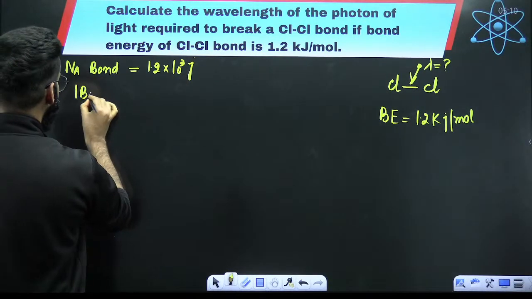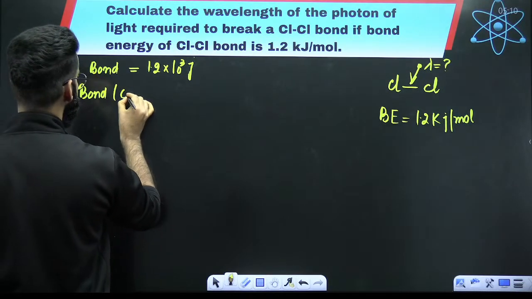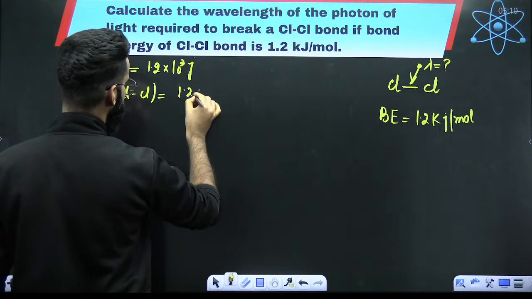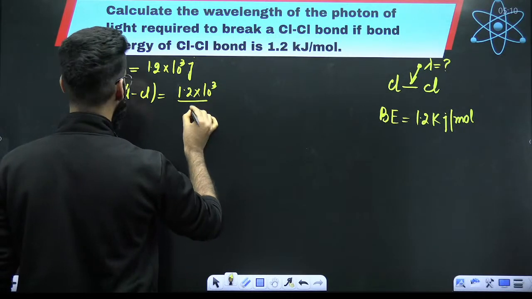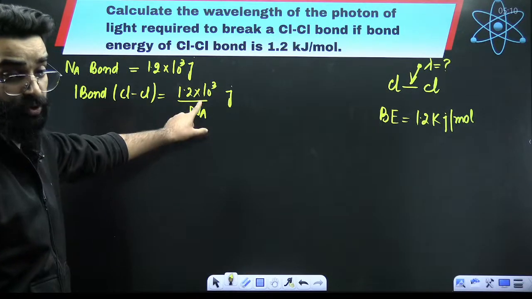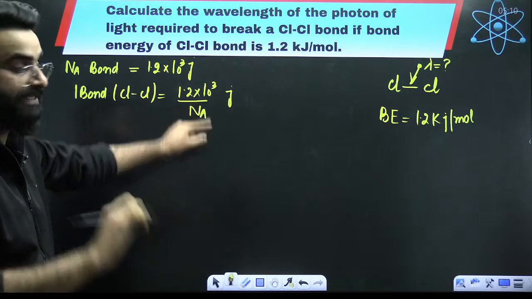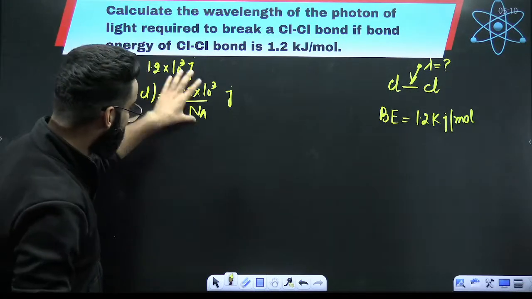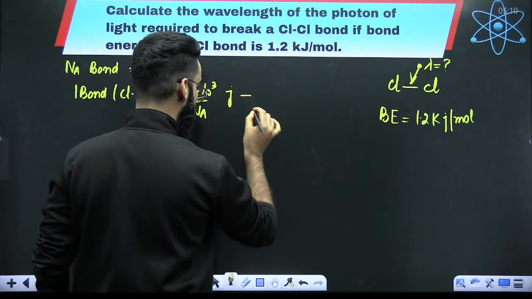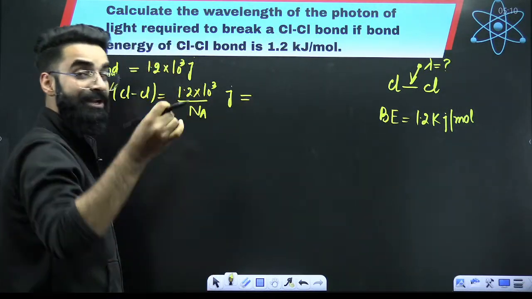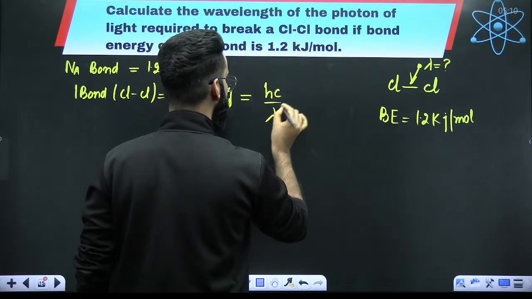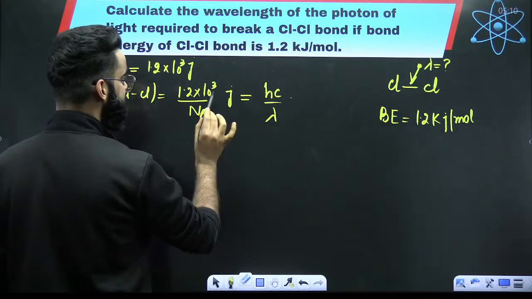That means in order to break one bond between two chlorine atoms, 1.2 into 10 raised power 3 divided by Na joules of energy is required to break one Cl single bond Cl. Imagine this much energy you are supplying in the form of photon. Energy carried by that photon is h nu, or you can say it is hc divided by lambda.